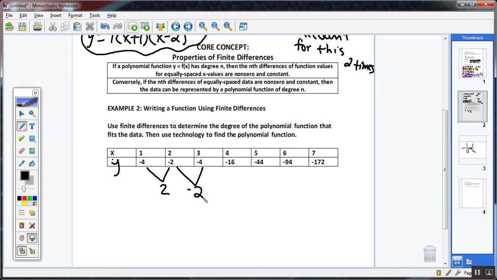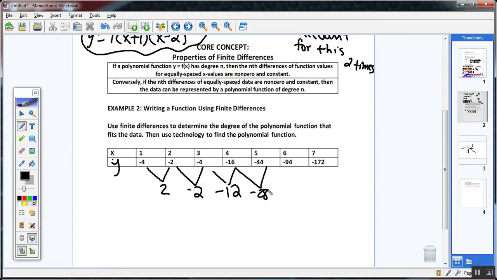Okay, it goes -16 minus -4. This would be a -12. Okay, somebody do this one for me. -44 minus -16. I should get -28 for that, I believe.